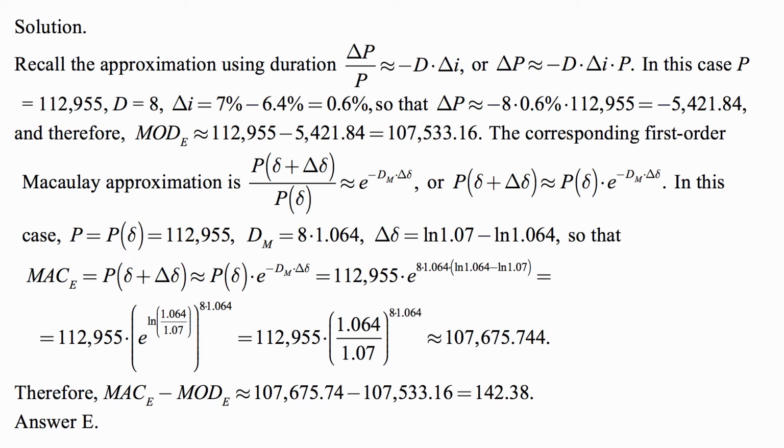In this case, P is equal to 112,955, D is 8, delta i is 7% minus 6.4%, so 0.6%, that's the change in interest rate. So delta P is minus 8 times 0.6% times 112,955 and comes out to be negative 5,421.84.